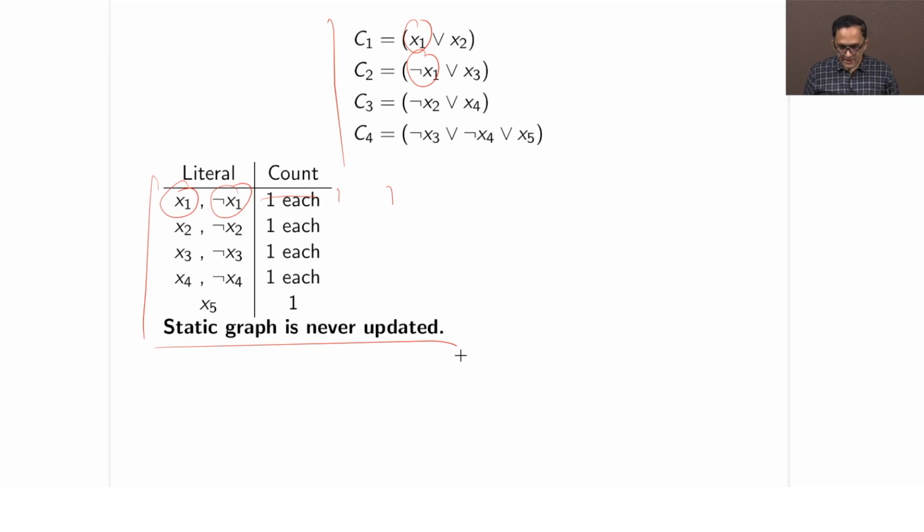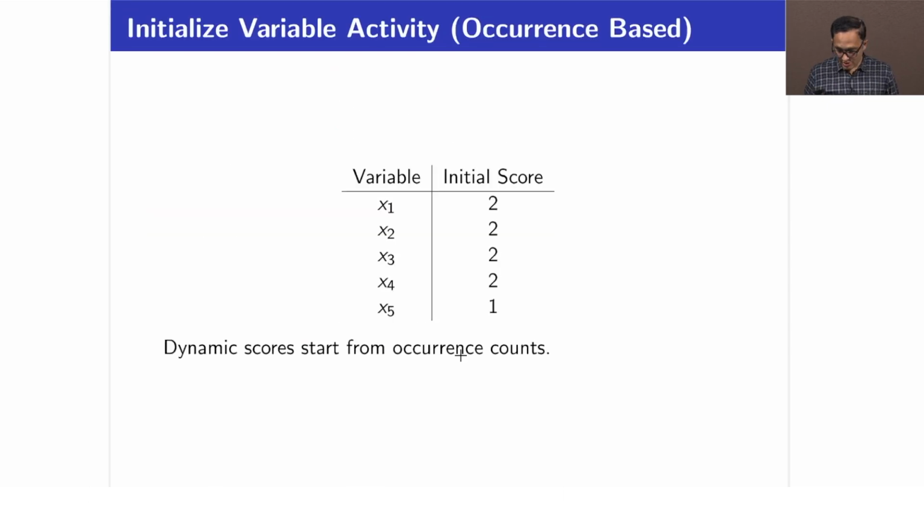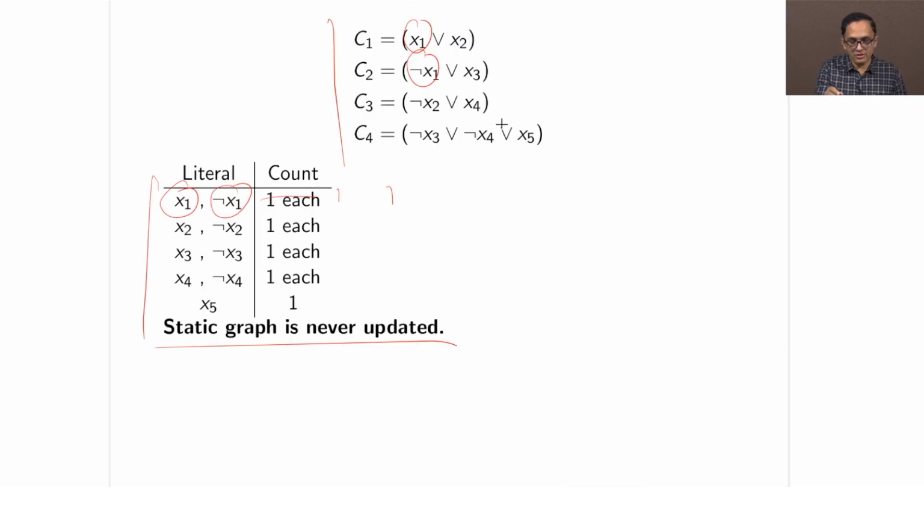I also calculate the variable score, and for x1 it is the summation of the literal scores of x1 and not x1, which is 1 and 1, so this becomes 2. For x5 it only occurs here, so not x5 is not there.